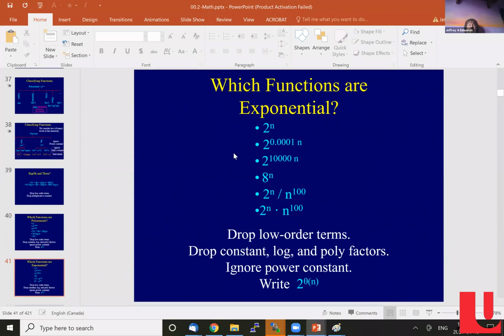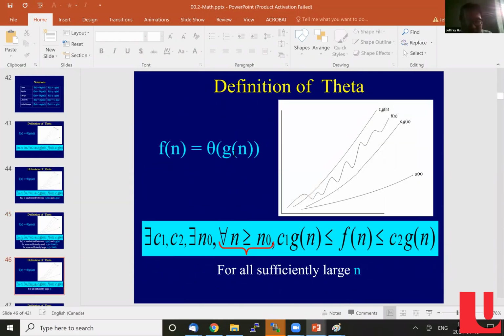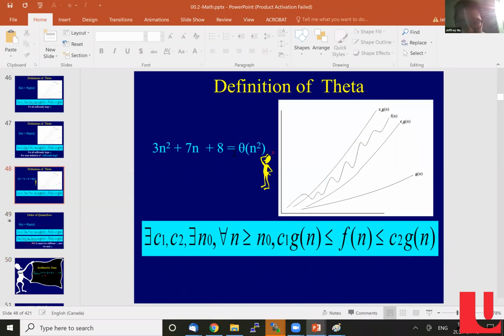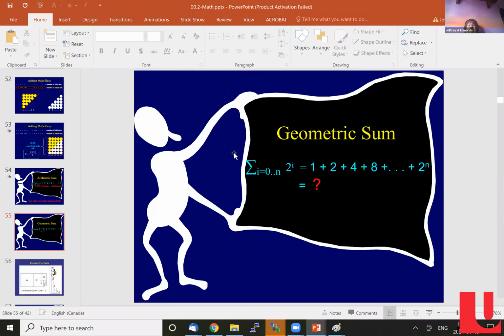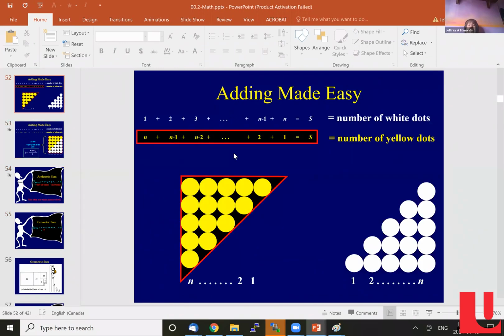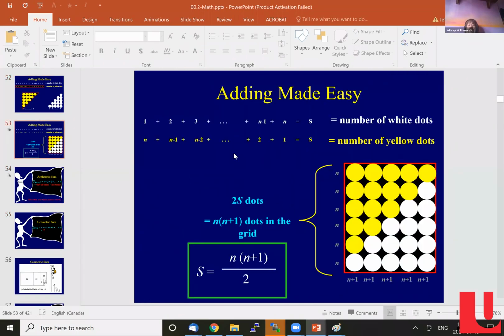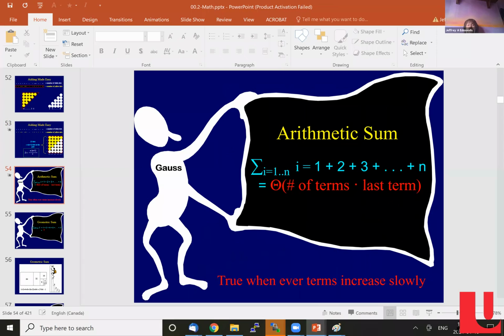Here's the big O stuff. Here's that slide. You've seen that before. What's this slide? This slide is not proving it. It's just explaining it. It's just stating it. So what does this say?